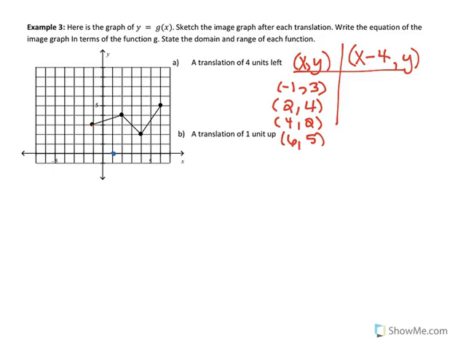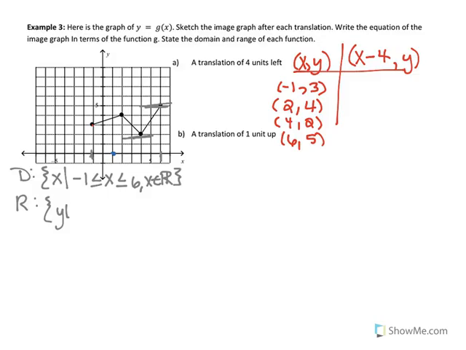Oh, let's go back and do the domain and range for this before we start. So the domain for this function: the smallest x value is -1, so we have -1 is less than or equal to x, less than or equal to 6, for real numbers. And our range, our lowest point is right here, and our highest point is right here.